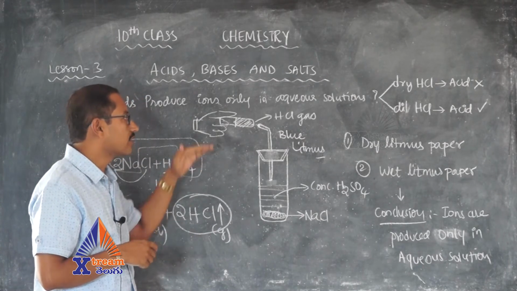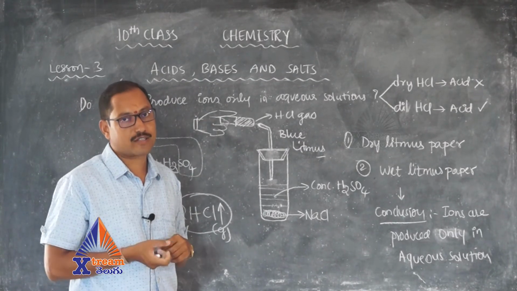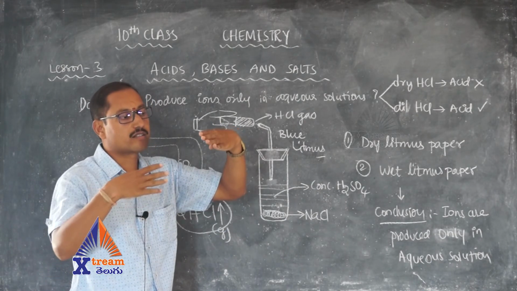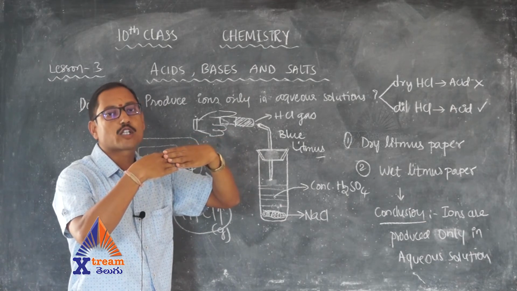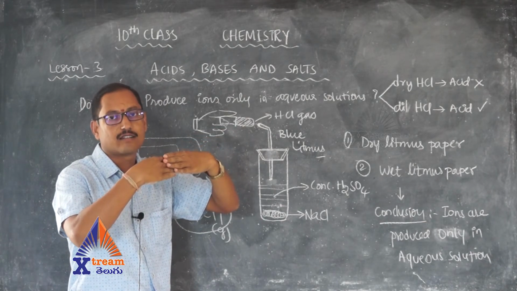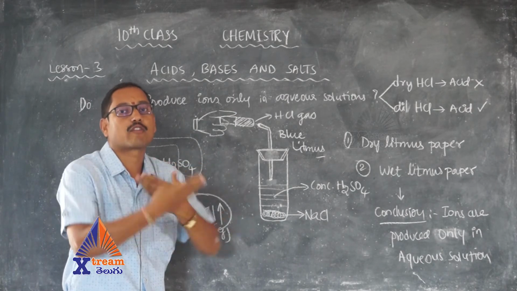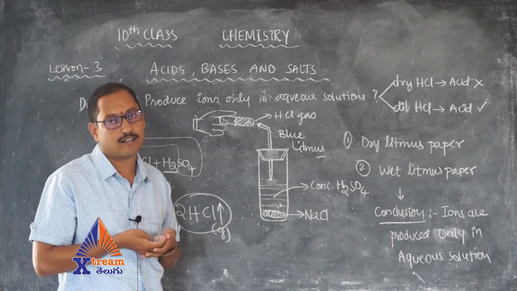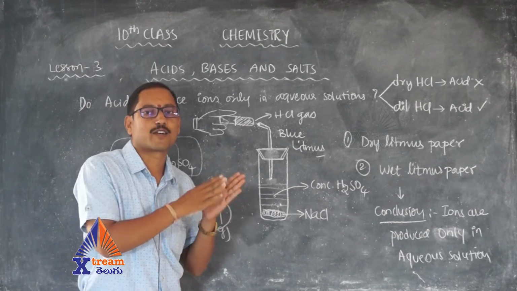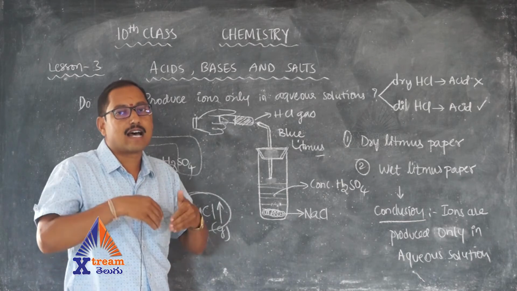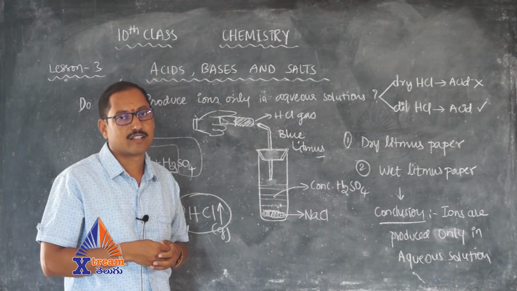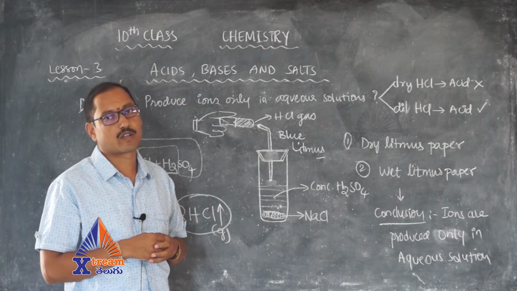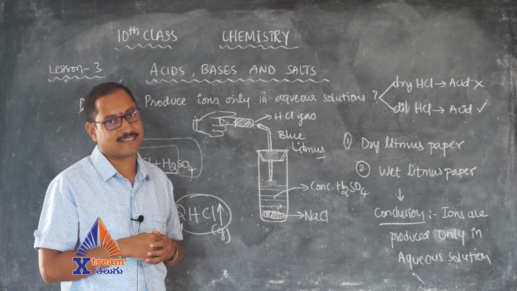Why? Because the wet paper has some moisture, that is water content. When water content comes into touch with HCl gas, dry HCl gas, the dry HCl gas will turn aqueous. That is, when water is added to HCl, we will have some H plus ions formed, and as H plus ions are formed, the aqueous HCl will exhibit the property of acid.